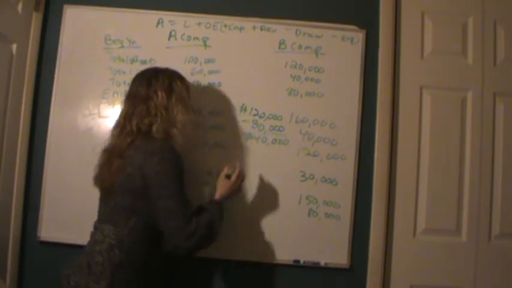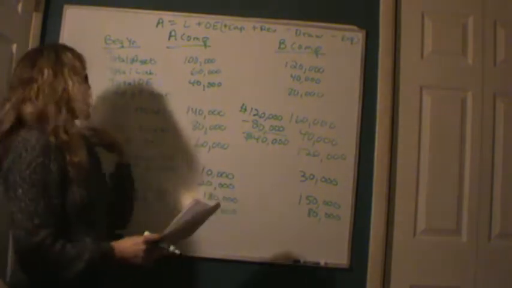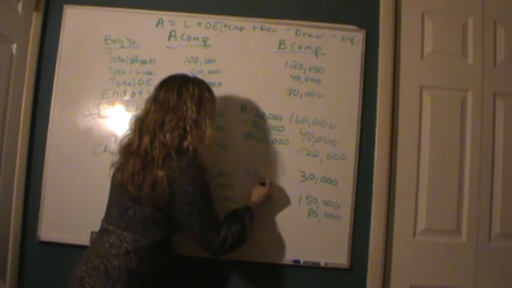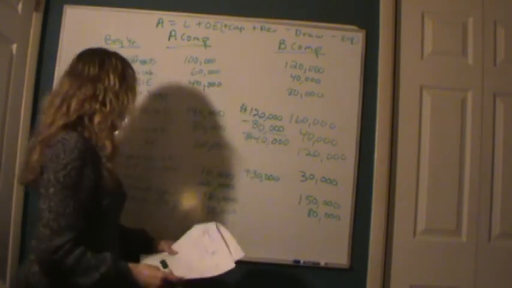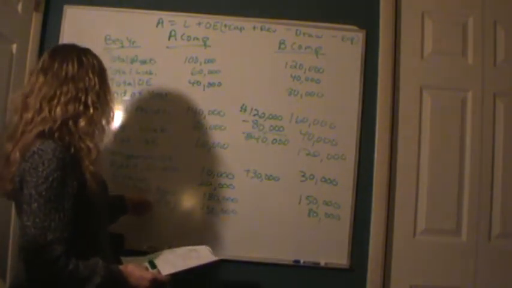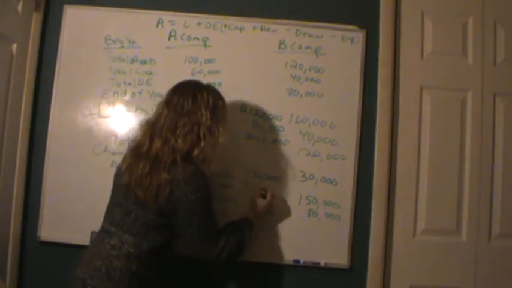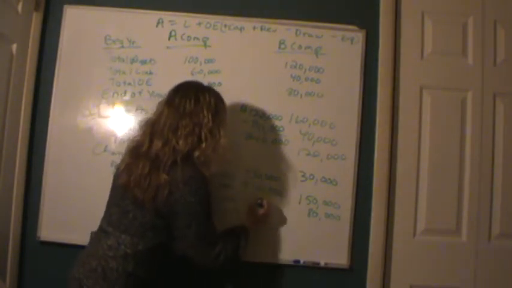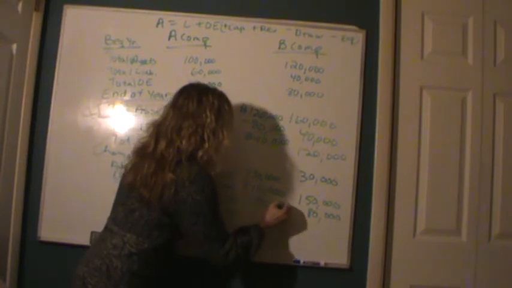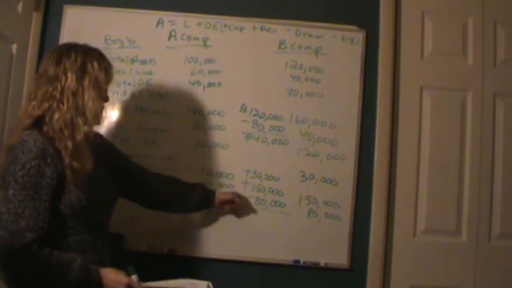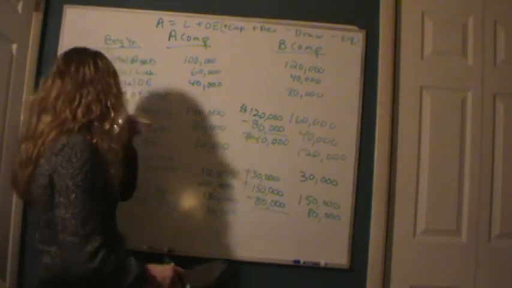of $40,000. Again, let's look at what we know. We know we had a $30,000 investment from the owner. We know we had $150,000 in revenues, and we had $80,000 in expenses. So we add the investment by owner and the revenue, and we subtract the expenses.